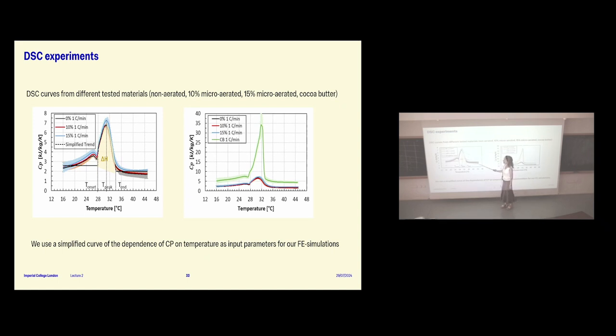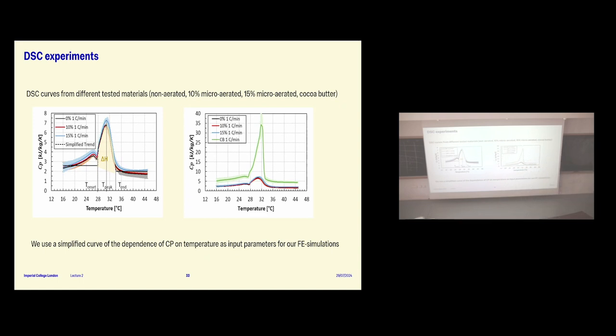And the area under here gives you the latent heat, which is basically how much energy you need to put into material to melt it. So from differential scanning calorimetry, we got delta H, as well as the specific heat. The thing to notice from here is how much bigger the specific heat capacity of the cocoa butter is than those. So the cocoa butter is more of an insulator than the chocolate is.